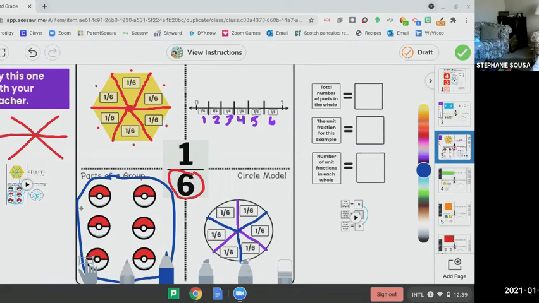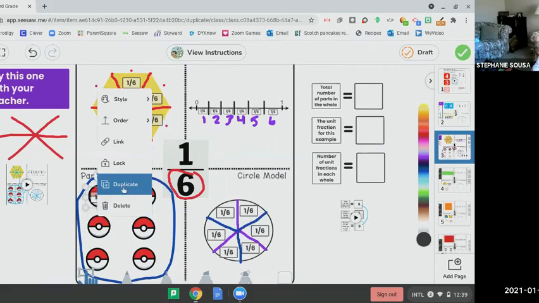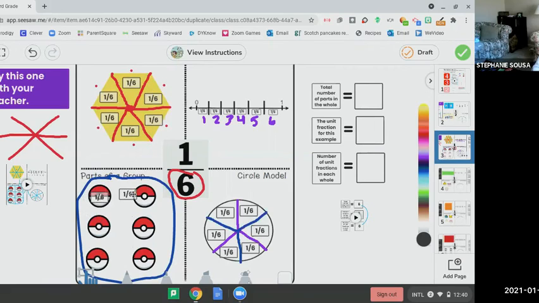We know that there are 6 of these Pokeballs. So each Pokeball is 1/6 of the total inside of the backpack. So this is 1/6 of the Pokeballs. And I'll duplicate this into 1/6 of the Pokeballs. And I will duplicate this into 1/6 of the Pokeballs.